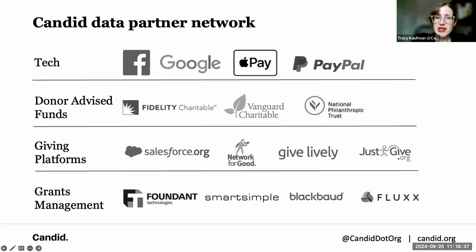Donor advised funds. If anyone here is lucky enough to get donations through donor advised funds, pretty much all of the major donor advised fund vehicles make use of Candid data. So for instance, let's say you have a donor who runs a donor advised fund through Fidelity Charitable, and they decide, I want to give to an arts organization in the state of California.